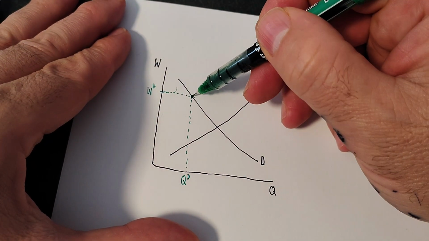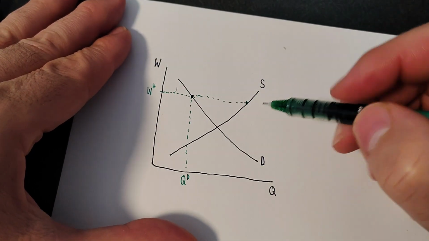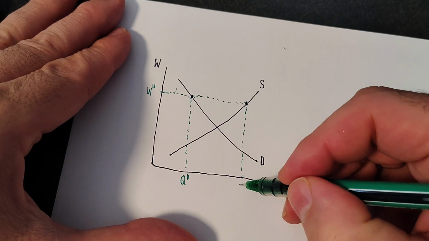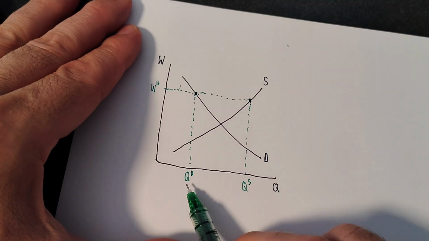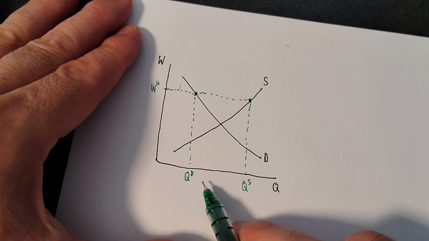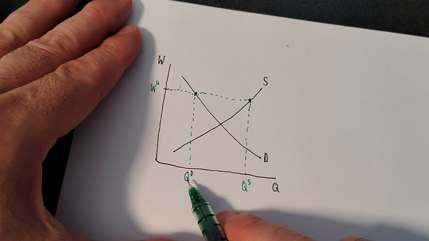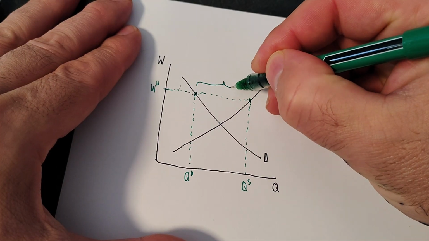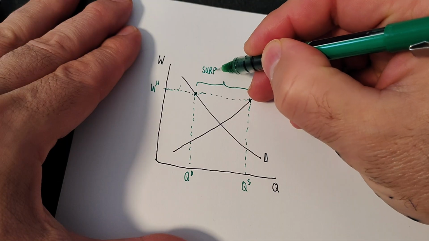But how much is supplied, you can see that you go all the way out to the supply curve to do that. And that's the quantity supplied. And here you can see there's definitely way more people that want to supply their labor than there are job openings available or people that want to hire those individuals. And this is where we get this surplus of labor.